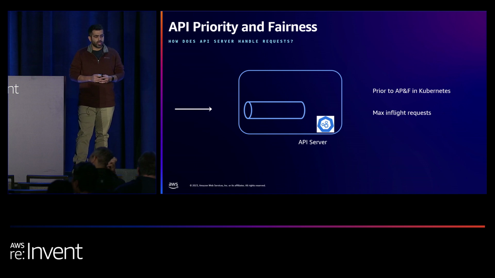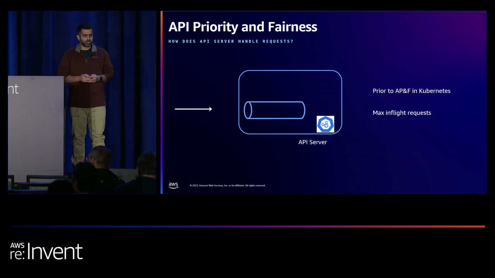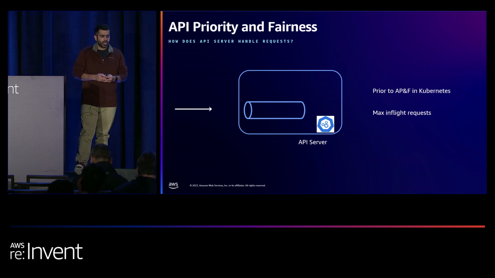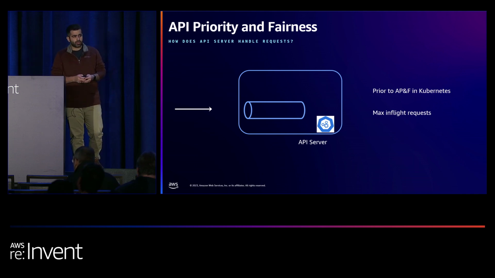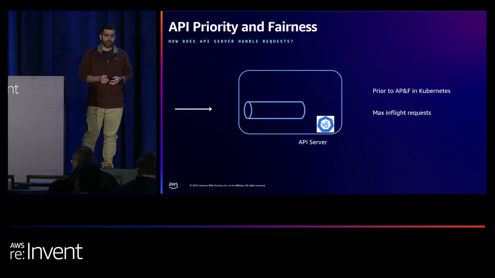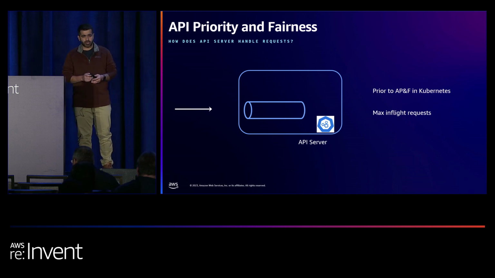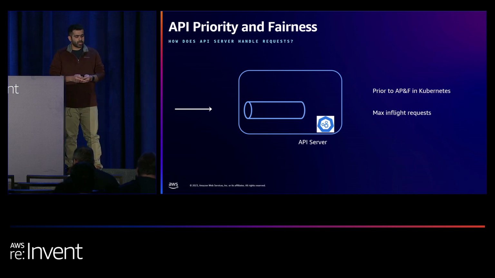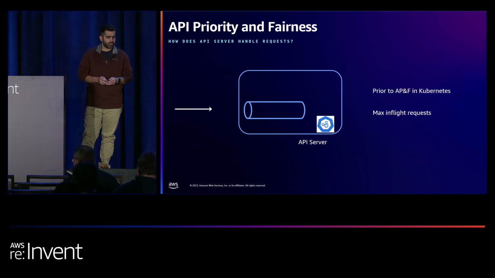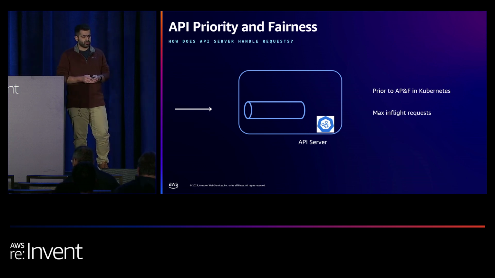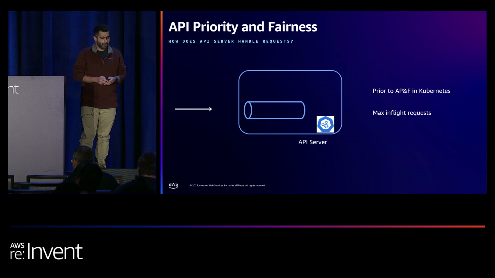Prior to API priority and fairness, which is a new feature added in Kubernetes 1.20, any kind of call, like a health check request, any call from kubelet, get or list requests, were all treated equally at the API server level. The API server did provide a couple of flags to control how many mutating and non-mutating requests can be in flight, and the remaining calls would get denied with a 429 status code.